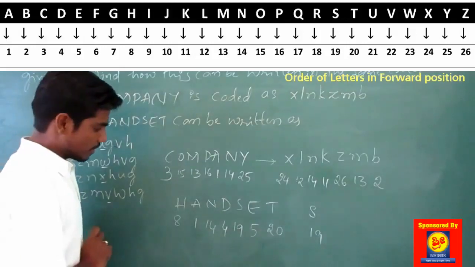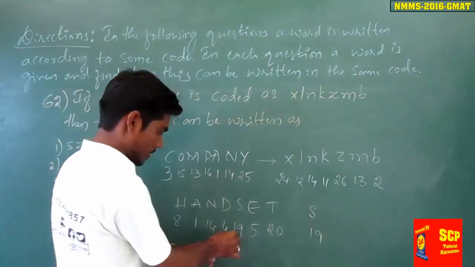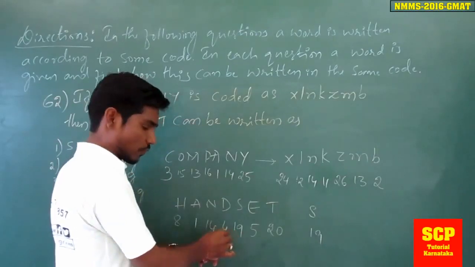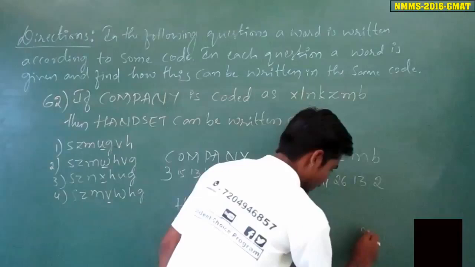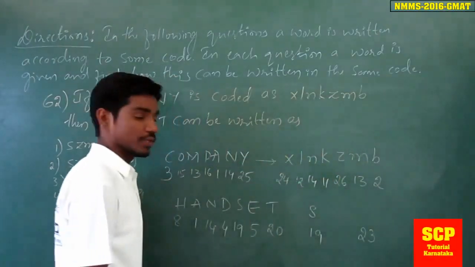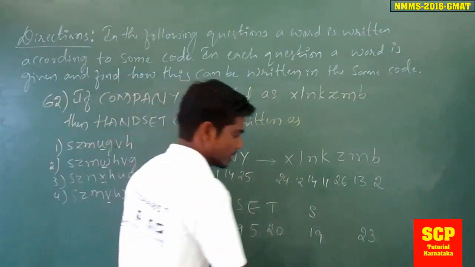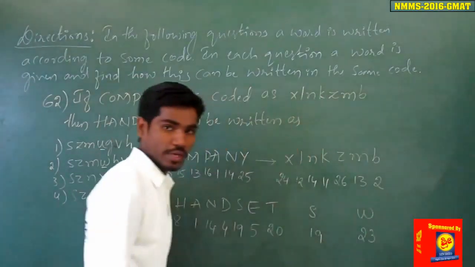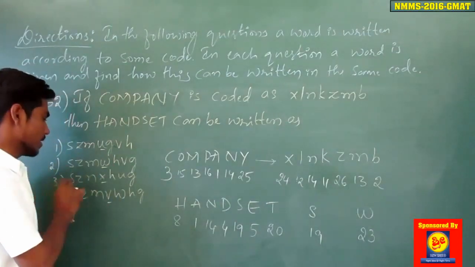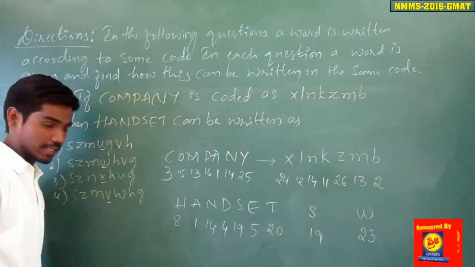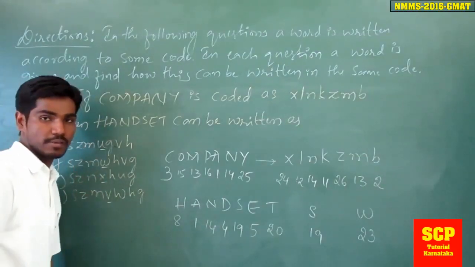So for that, directly let me calculate the fourth letter here. 27 minus 4 is 23. Now which is the letter having position 23? Yes, it is W. Now check it out. The second option has W as the fourth letter. Therefore, I will consider the second option as the right option.